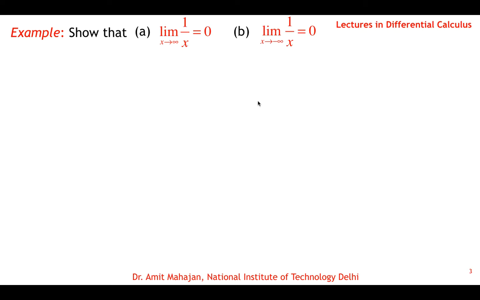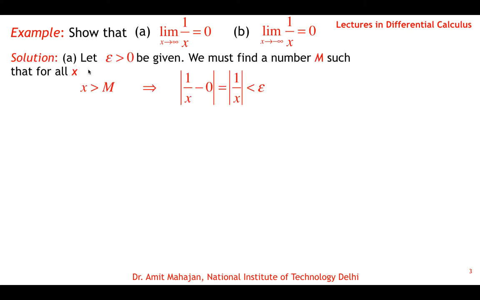I take one example here first, to show that the limit as x tends to plus infinity of 1 by x is 0, and the limit as x tends to minus infinity of 1 by x is 0. To prove the first result, let epsilon positive be given, and we must find a number M such that for all x greater than M, the distance of 1 by x from 0 is less than epsilon.